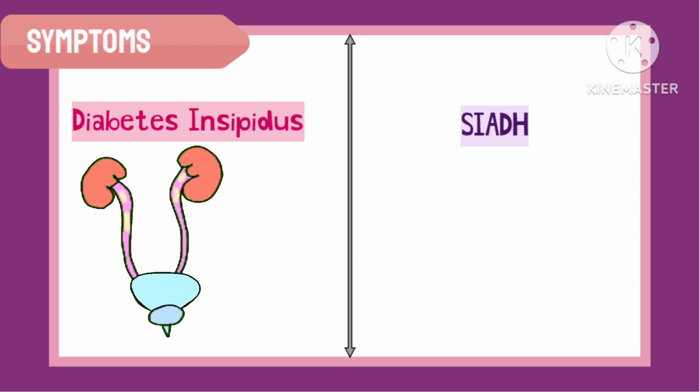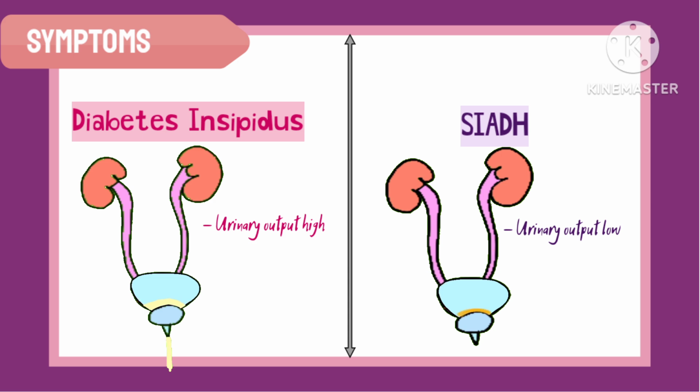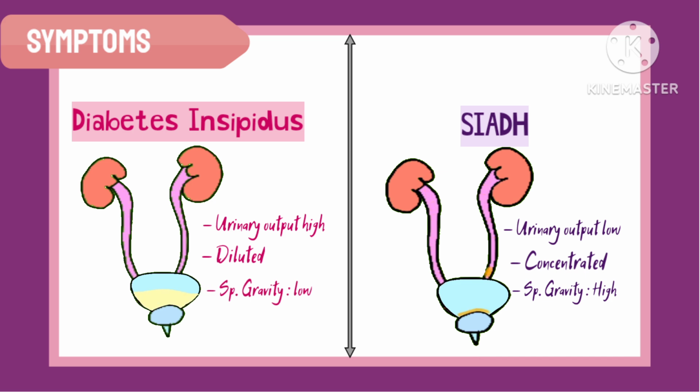In diabetes insipidus, the urinary output is high, while in SIADH it is low. The urine is diluted in diabetes insipidus but concentrated in SIADH. Also, the specific gravity of urine is high in SIADH but low in diabetes insipidus.